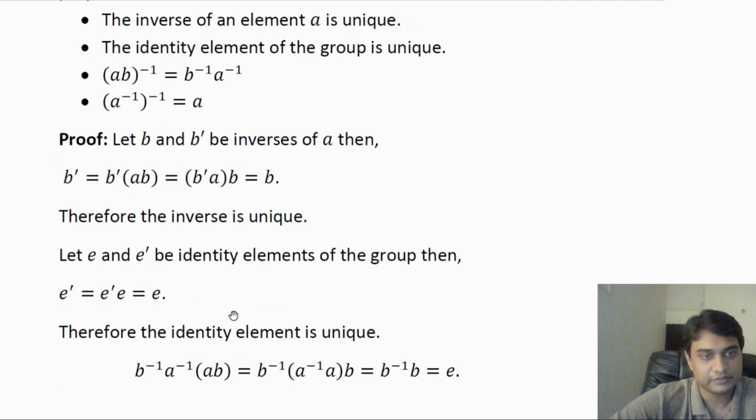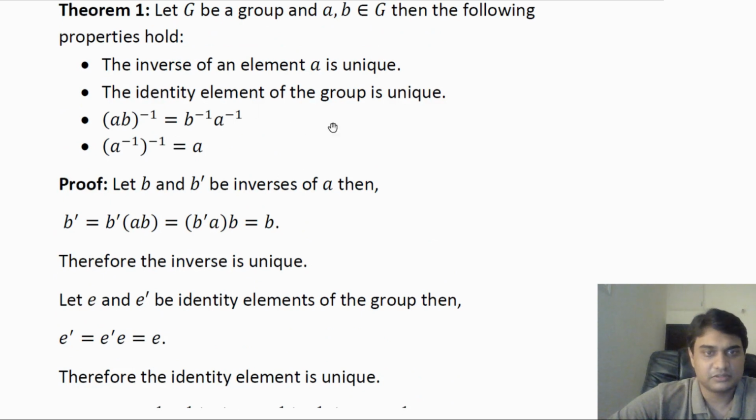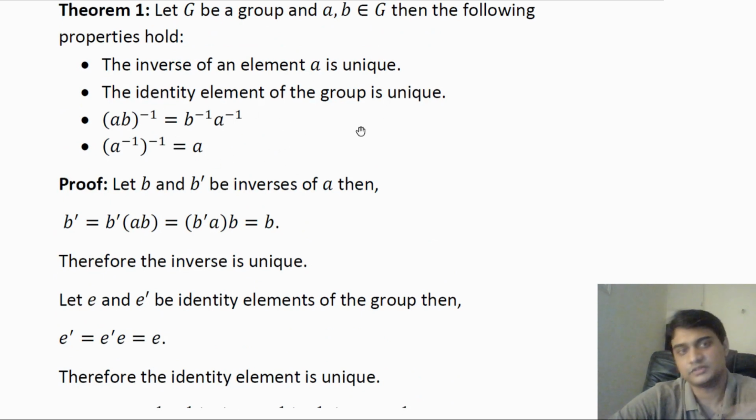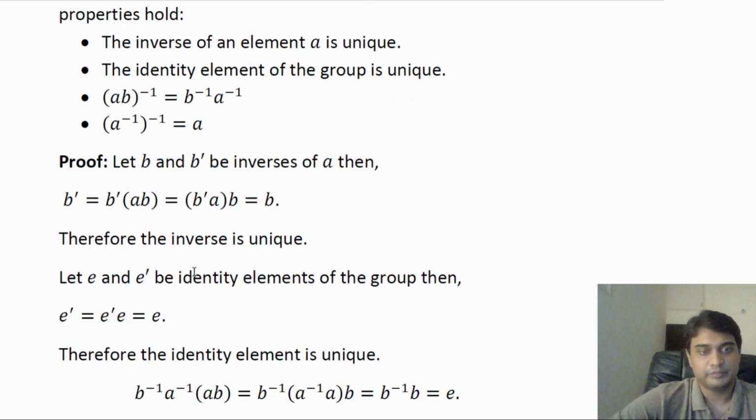And for the second, we use a similar strategy. If e and e prime are identity elements of the group, then e prime equals e prime times e, because e is an identity element of the group.